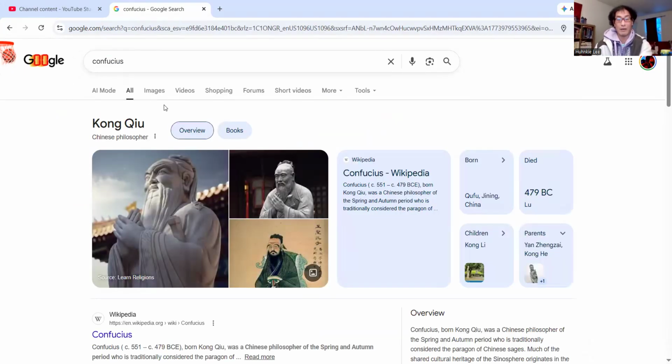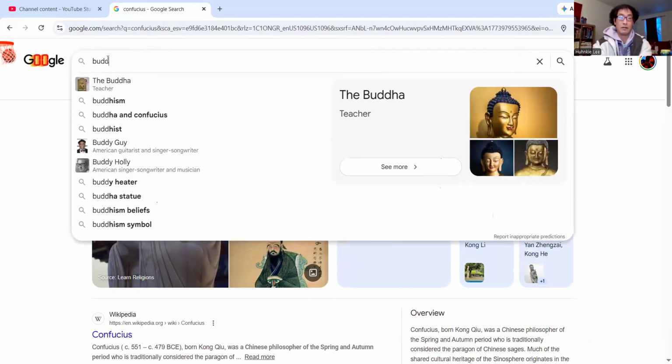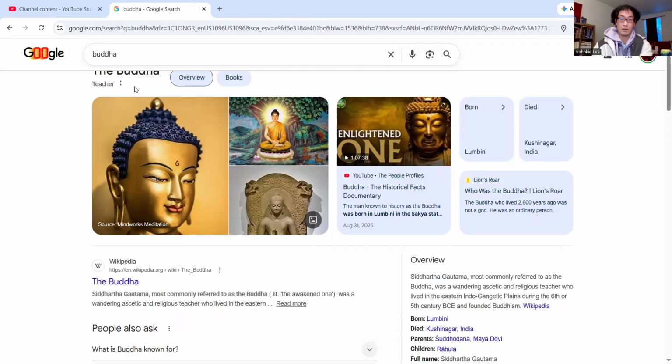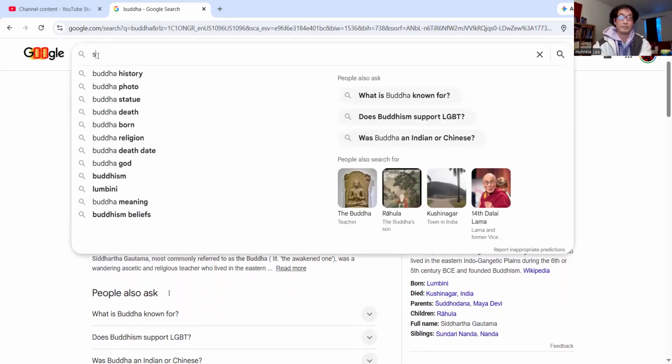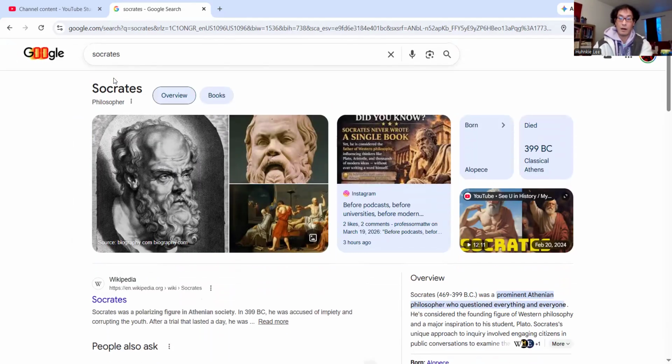Confucius, 500 BC. How about Buddha? 500 BC. How about Socrates? 400 BC, 500 BC, around there.